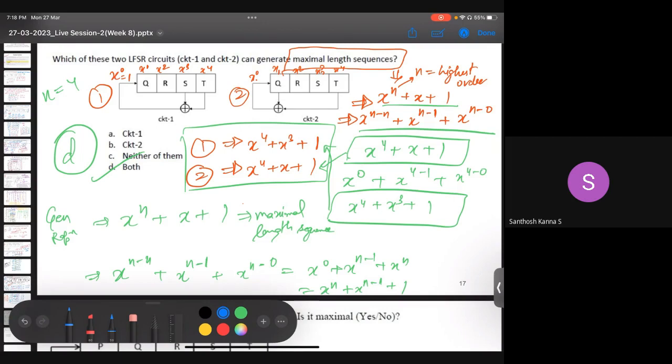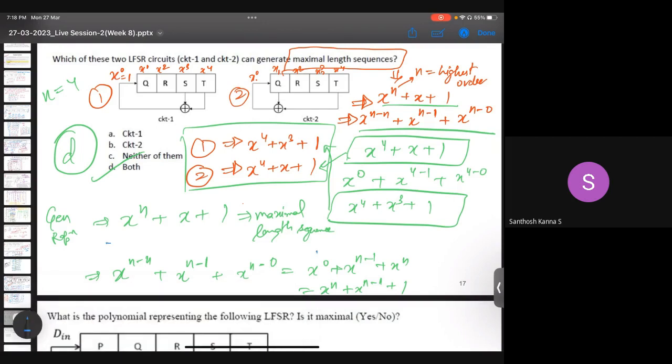Yes, sir. So I'm just putting n equals 4. One answer would be x to the power 4 plus x plus 1, and one answer would be x to the power 4 plus x cube plus 1. Fine. Both of the equations we are getting from the given circuit. So that is why the answer is option D. This is a general representation for the generic circuit.